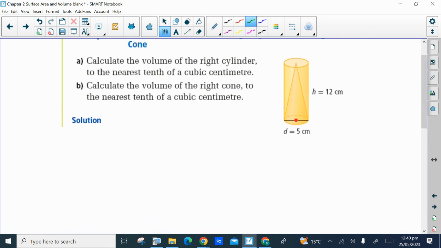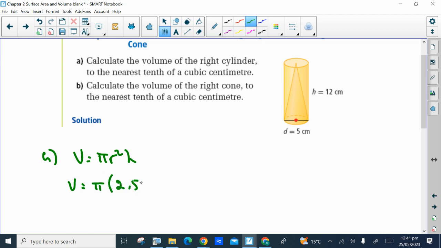So this next one asks us to find the volume of the right cylinder. Again, the right part just means that the base is perpendicular to the side, which all of ours will be. We want to first find the volume of the right cylinder, then the volume of the cone that's inside that cylinder. But first we start with the cylinder. And according to the formula sheet, the volume of a cylinder again is pi r squared h. In this case, you're given the diameter to be 5 centimeters.